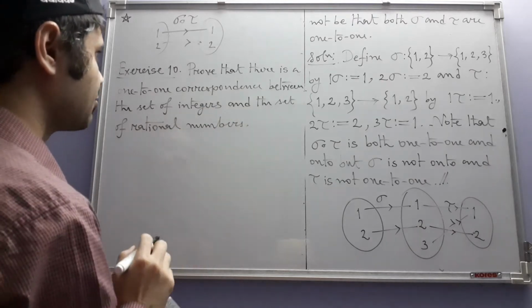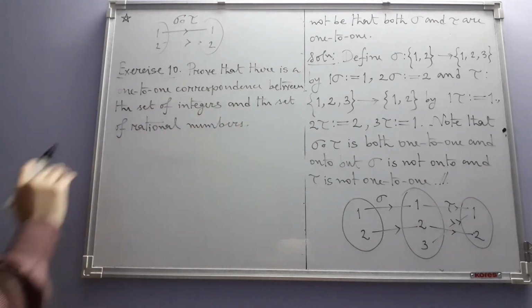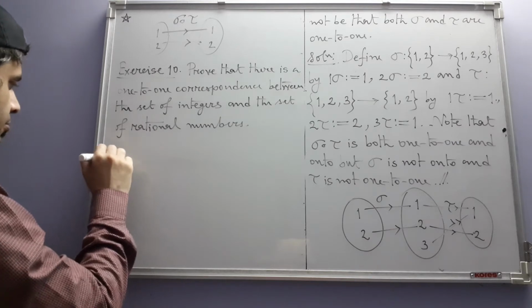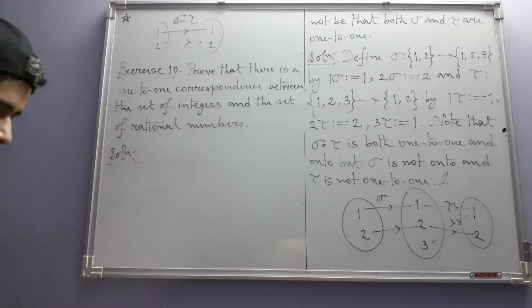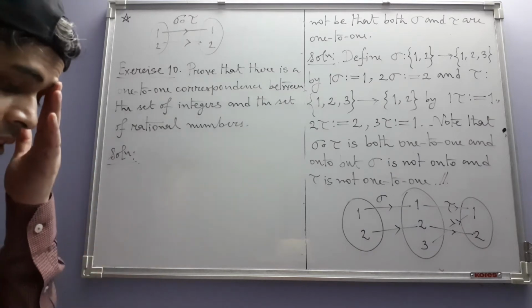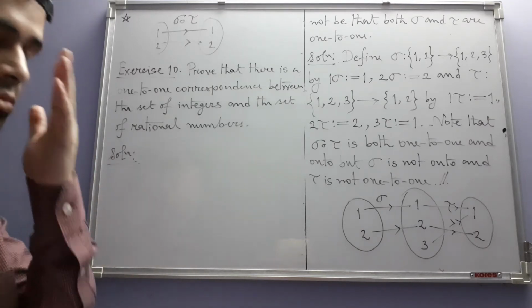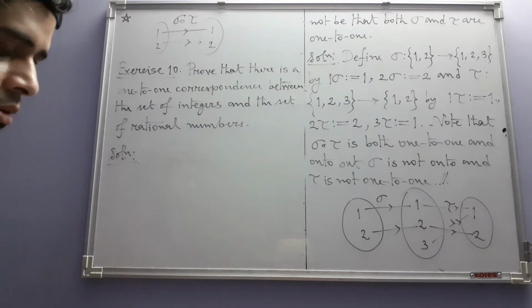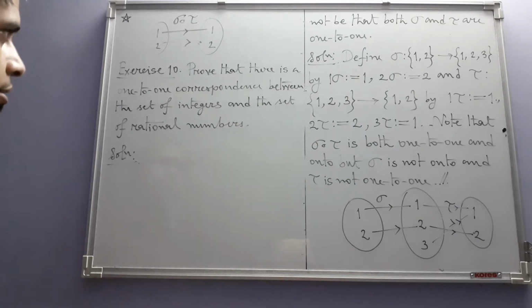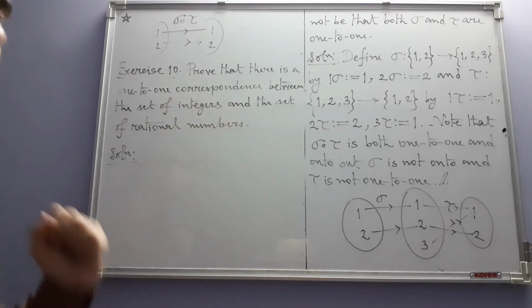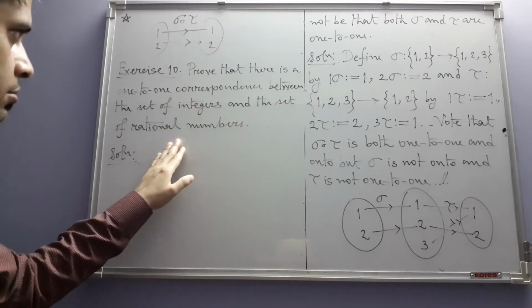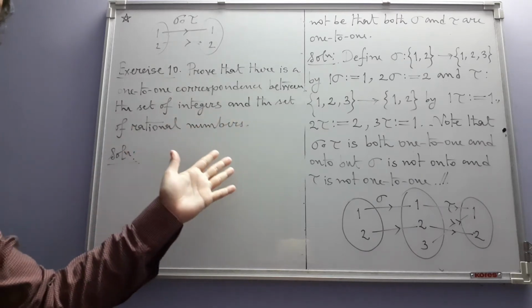See how much we have to write if we don't have symbols for these sets. Now in this solution I am going to use some results from Analysis 1 by Terence Tao. Why do I do that? You probably already know how to show that there is a one-to-one correspondence between these two sets.